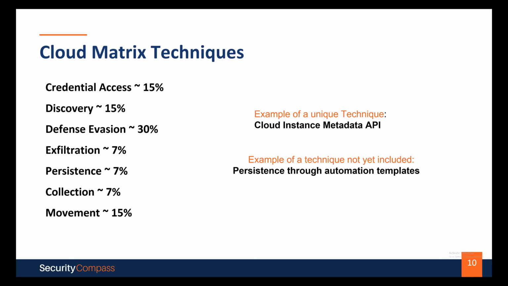So when we look at those unique techniques, we can see the breakdown of where they lie in the cloud matrix. We have initial strong support for techniques in the defense evasion tactic area, followed by a split between credential access, discovery, and movement at 50%, with room to grow in exfiltration, persistence, and collection, which sits at 7% of the amount of techniques unique to the cloud matrix.